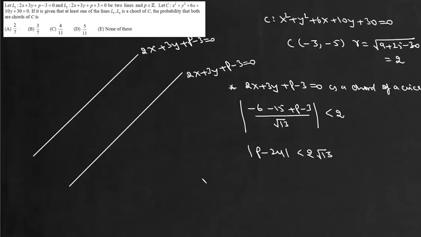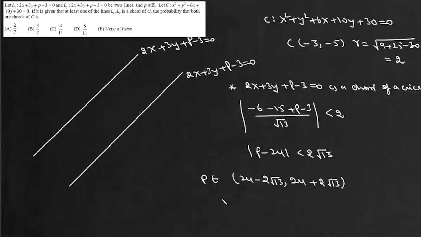or p lies between 24 minus 2 root 13 to 24 plus 2 root 13. Now for the second one, the only difference is we'll have p plus 3 here, and if we have p plus 3 here, we'll get p minus 18.